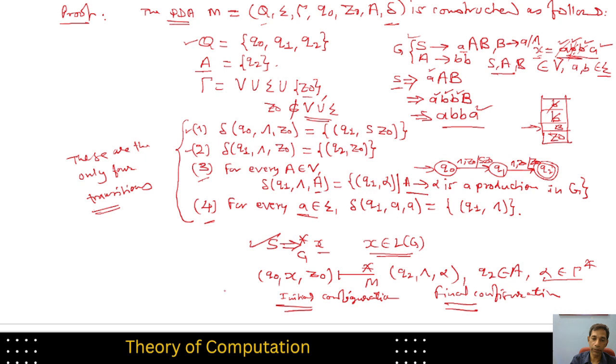So if in the given grammar G, starting from the start symbol S, you are able to derive the string X by using the sequence of production rules of the grammar G, then you can say that X belongs to the language of G. And if you have obtained the PDA, then for the same string X, your PDA should start from the initial configuration, and by making the sequence of moves in the machine, your PDA is able to move to the final configuration for this given X, and hence X is also in the language of the PDA.